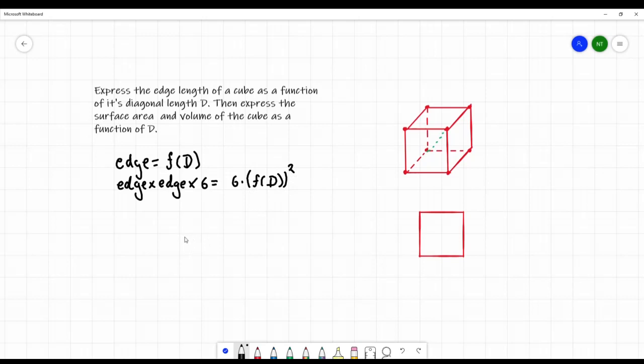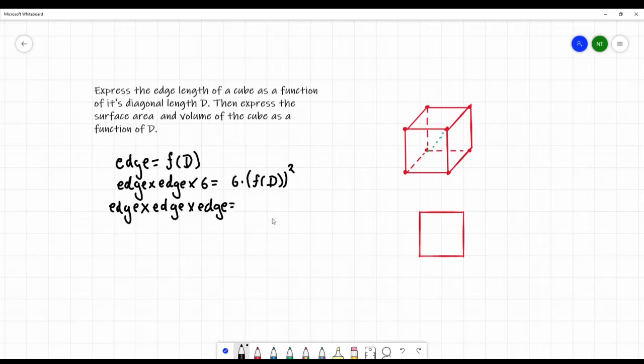Okay, and the volume is the base times the height. So it's basically edge times edge times edge.